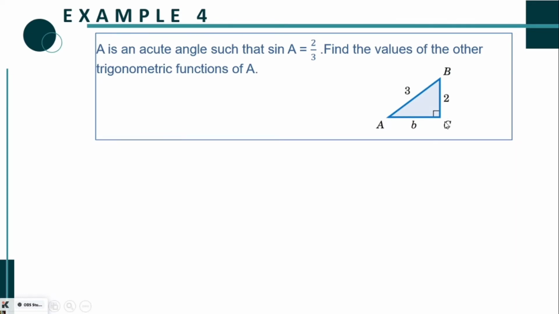So ABC, where C is the right angle of the triangle, the hypotenuse is 3, and the side opposite A is 2.